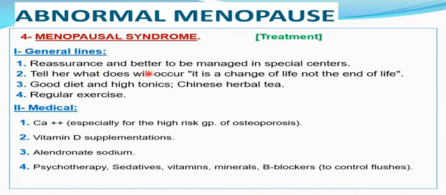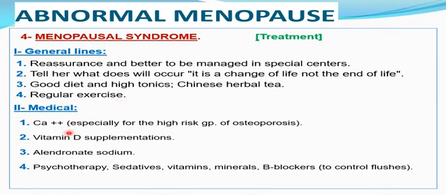Regarding general lines of treatment, there should be reassurance, and it is better to manage it in special centers like a geriatric center. Explain the events that will occur, that it is a change of life, not the end of life, supporting the female psychologically. Give her a good diet and tonics, like Chinese herbal tea as it contains estrogen.